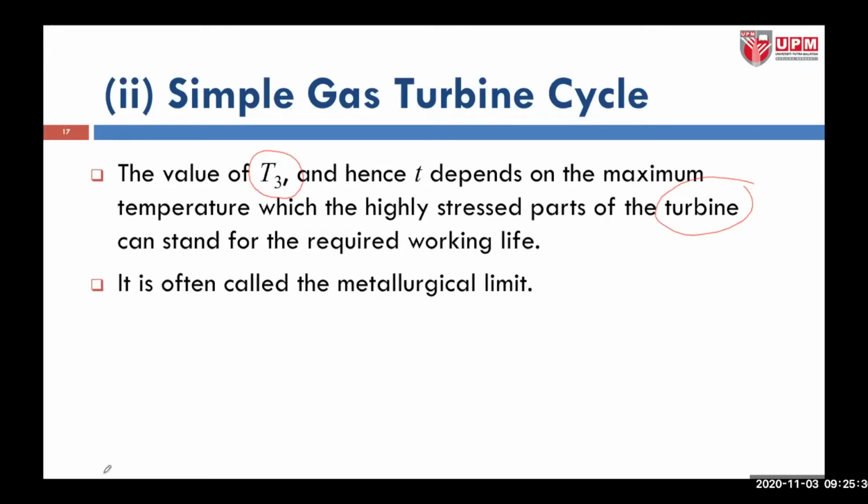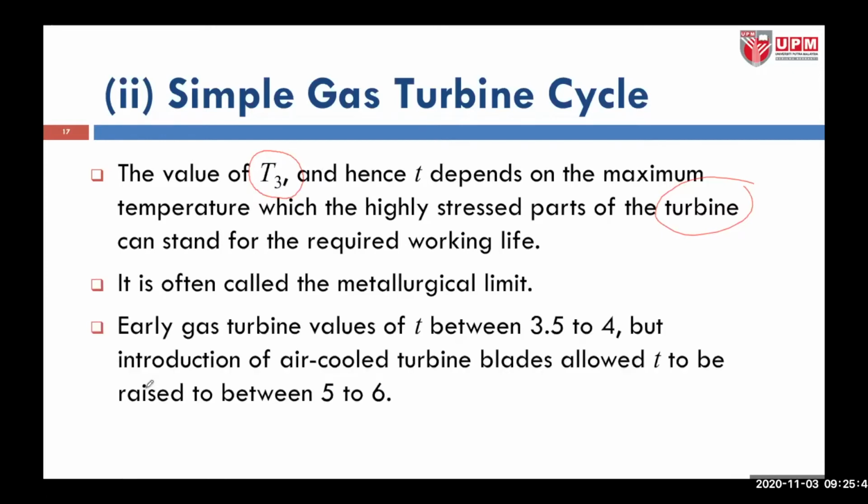It is often called the metallurgical limit for the turbine. Early gas turbine values of the temperature ratio were considered to be between 3.5 and 4, but the introduction of air-cooled turbine blades allowed the temperature ratio to be raised to between 5 and 6, and more modern technology produces different types of material that can withstand high temperature and high stress.